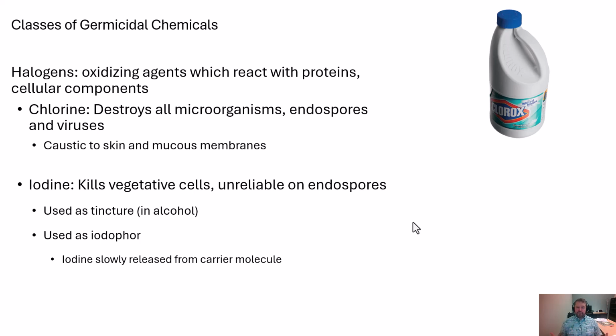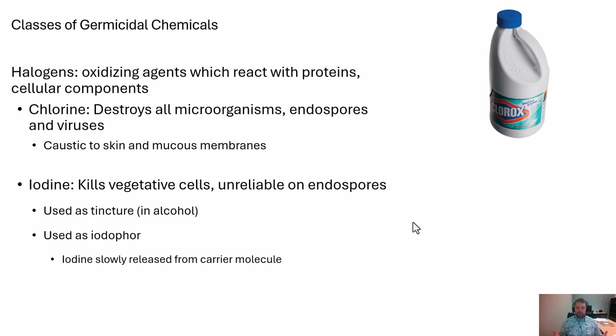Iodine is another one. The nice thing about iodine is it doesn't have the restrictions that maybe chlorine does. It's less aggressive when applied to living tissue. It's not reliable on endospores, but does do a fairly good job at destroying vegetative bacteria, and majority of viruses tend to not do well in an iodine tincture.